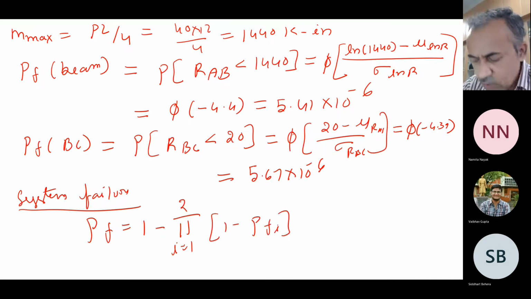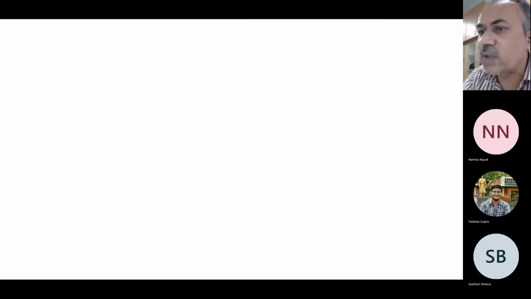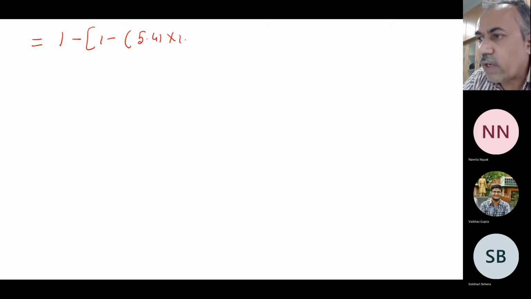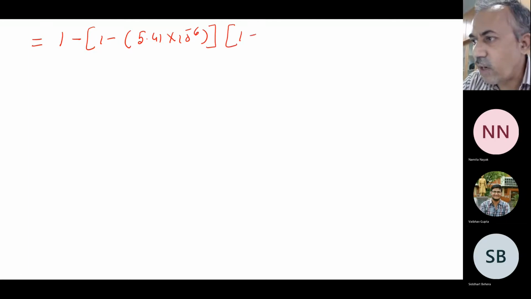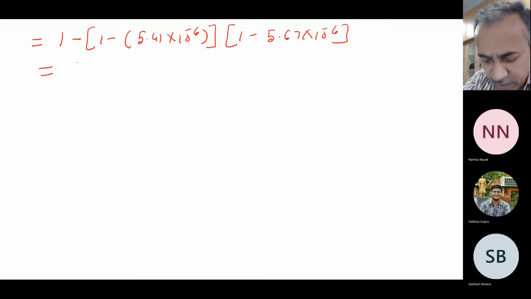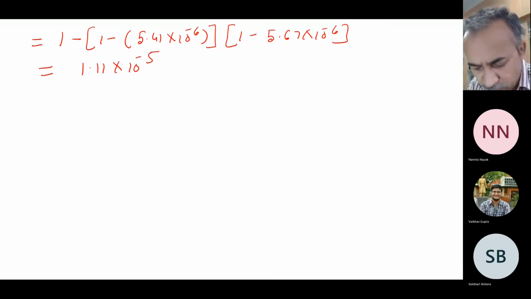So you can write this as 1 minus, 1 minus 5.41 into 10 to the power of minus 6, times 1 minus 5.67 into 10 to the power of minus 6. So finally you get 1.11 into 10 to the power of minus 5.